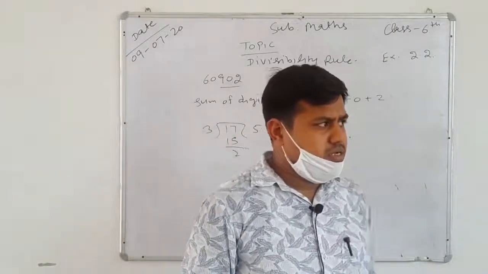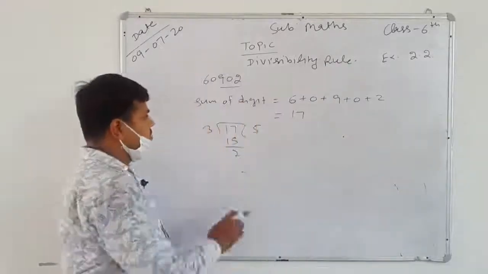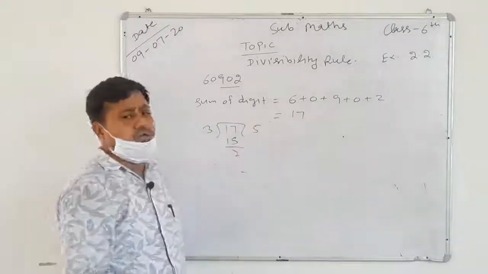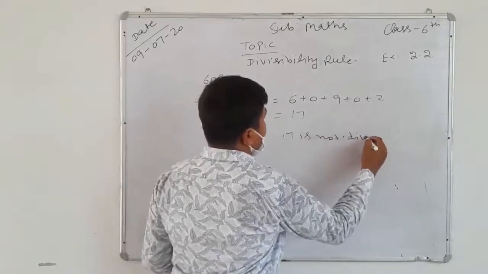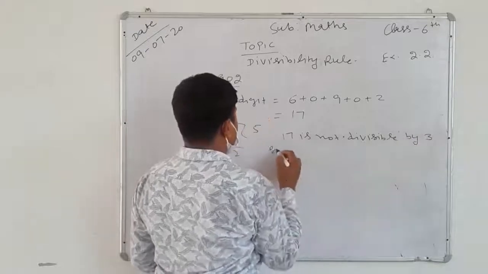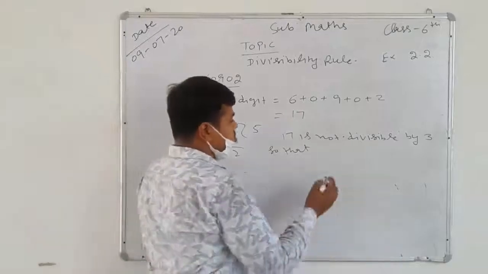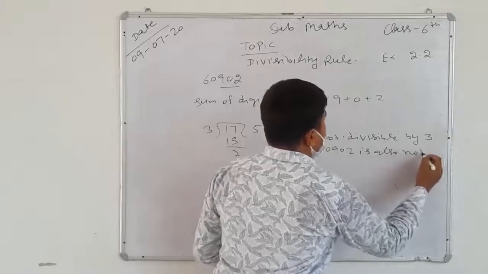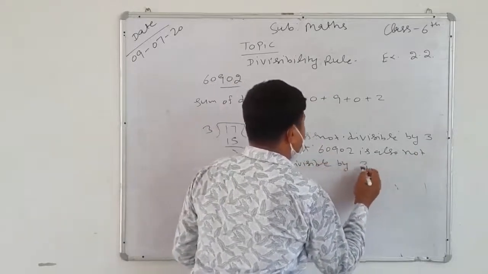We know that 17 does not come in the table of 3. Yes or no? If we read the table of 3, 17 does not come. So we can say 17 is not divisible by 3, so the given number 60902 is also not divisible by 3.